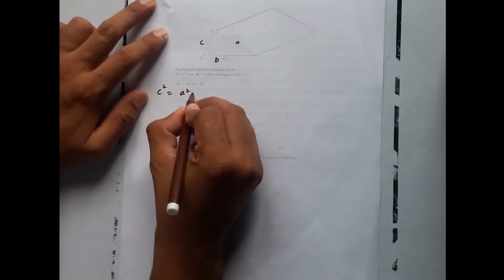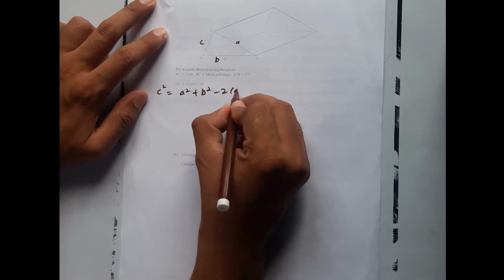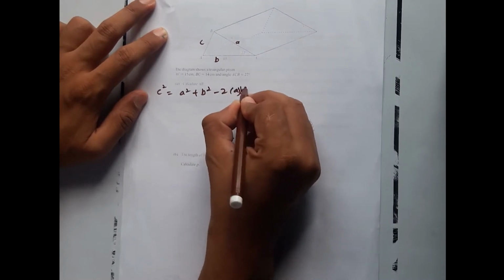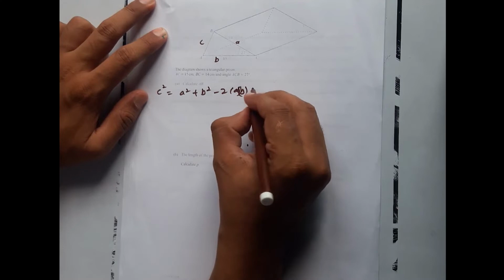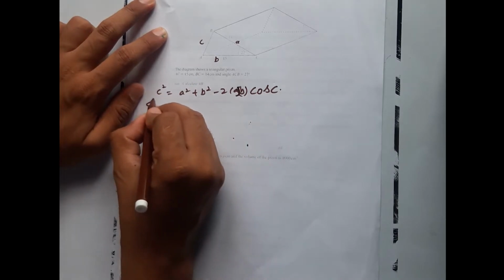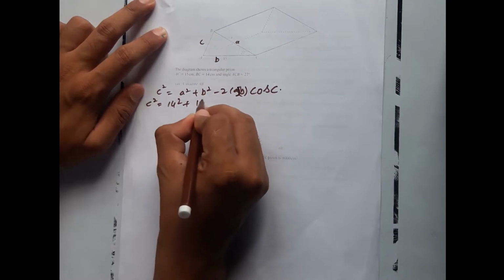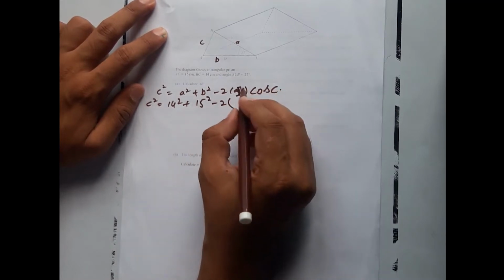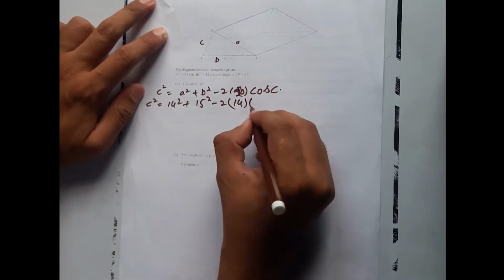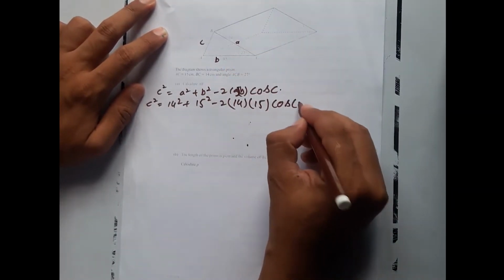So the formula will be c square is equal to the square of the other two sides, a square plus b square, minus 2 into a into b, and then cos c. This is a, this is b. We have to find c square. a square is 14 square, b square is 15 square, minus 2 into 14 into 15, cos c, which is 27.